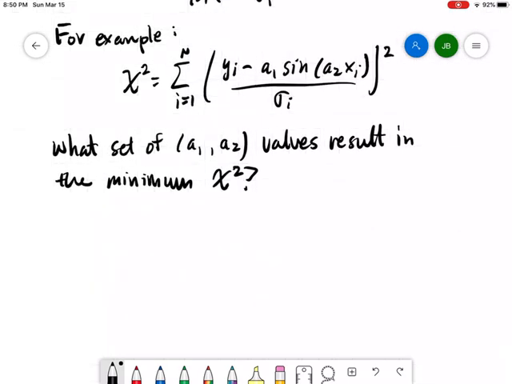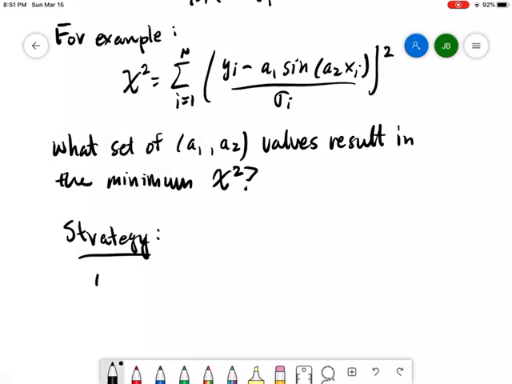As I said, we're going to do the most simple-minded thing possible. The strategy, in words, is that we're just going to pick a whole bunch of different a1, a2 values, and evaluate what chi-squared comes out to be, make a big table, and then search through the table and figure out when chi-squared is the smallest possible number.